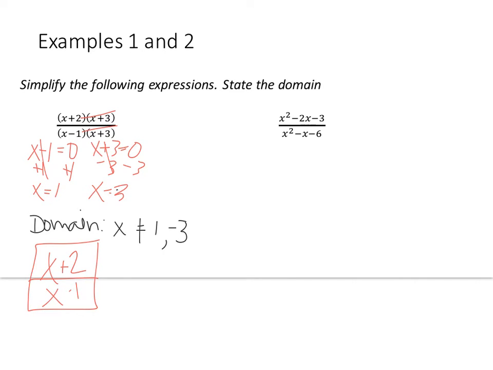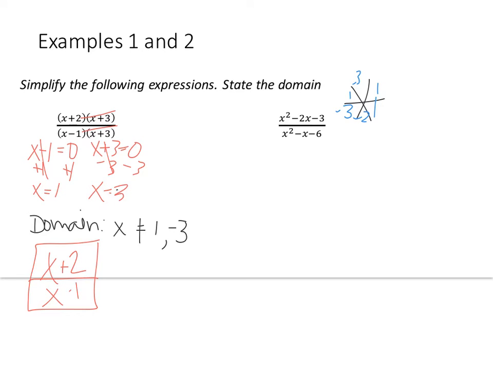In the second example, I have a polynomial on top and a polynomial on bottom, and neither of them are factored, so we're going to have to factor both the top and bottom. If you know shortcuts or there's faster ways to do that, you can do that. Otherwise, you're going to have to use the star method on the top and the bottom. So I need to find two numbers that will multiply to negative 3 but add to negative 2. And my two numbers there will be negative 3 and 1.